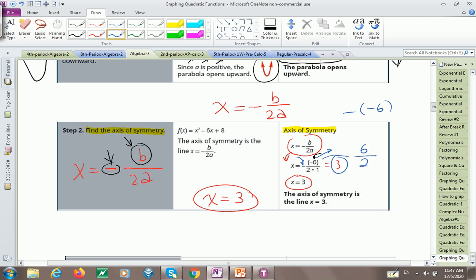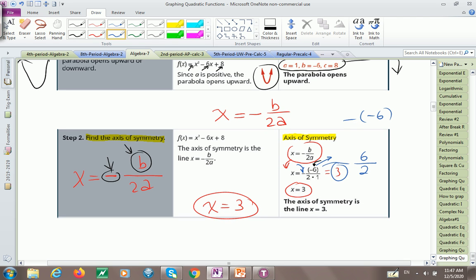And then going down, we figured out the line of symmetry, x equals 3. Let me indicate that. When you have a graph like this, just as an illustration, the line of symmetry cuts the graph into two equal parts like that. That means it has to cross the vertex.